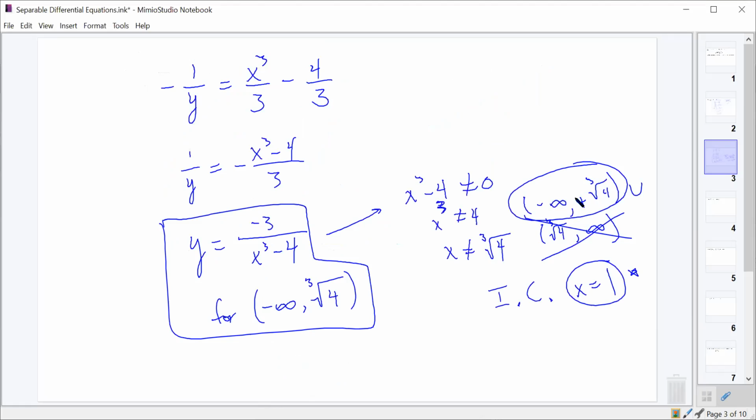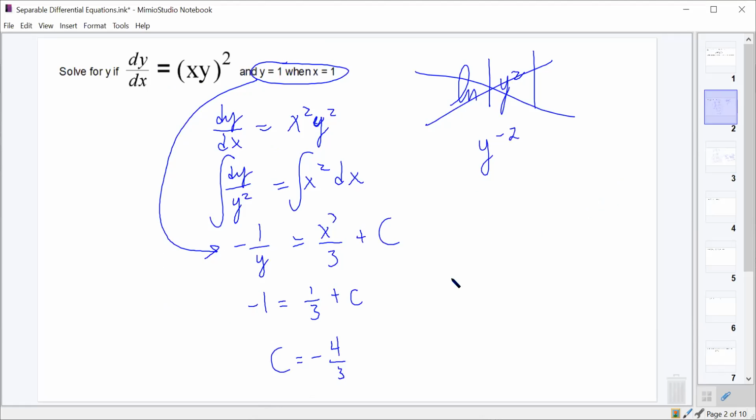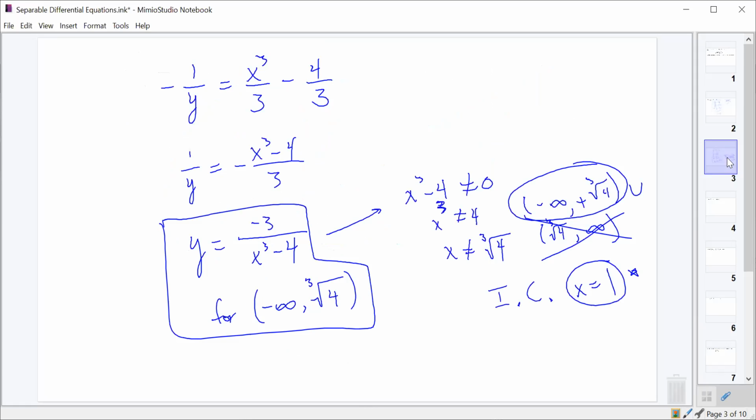Otherwise, that part of it doesn't have to go through this point. Past cube root of 4, I could have any constant I want. I could add 1,000 to this, right? And the derivative would still come out to be this. And it would still go through that initial condition, because we had to have a constant of negative 4/3 for the other piece of it. Does that make sense? Okay. Got it.